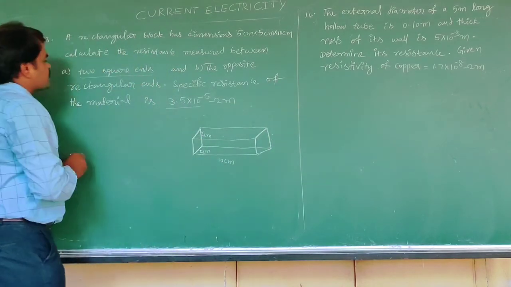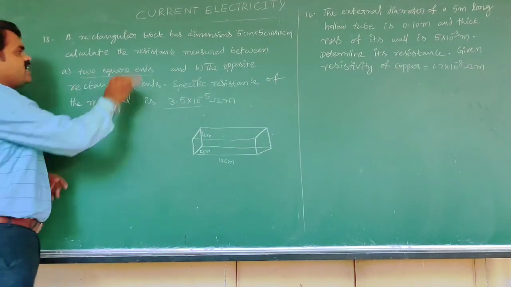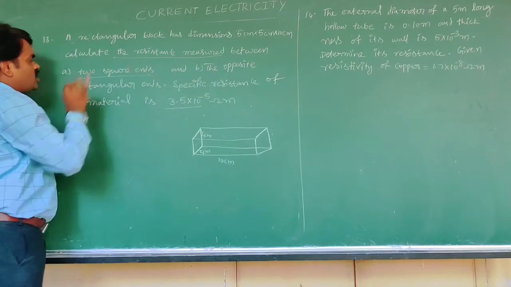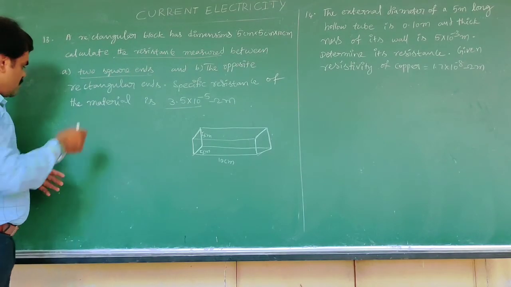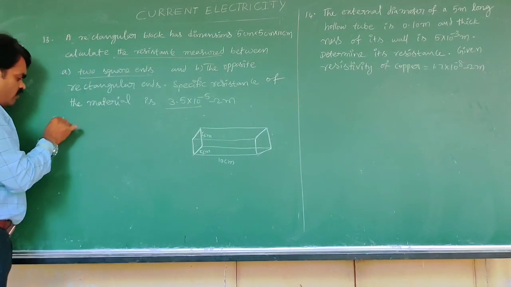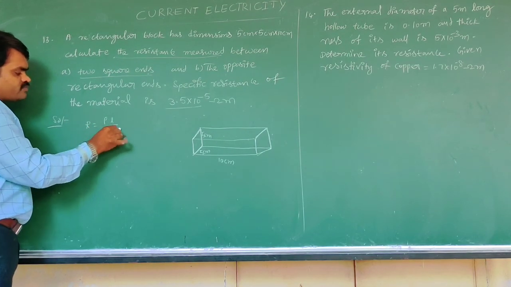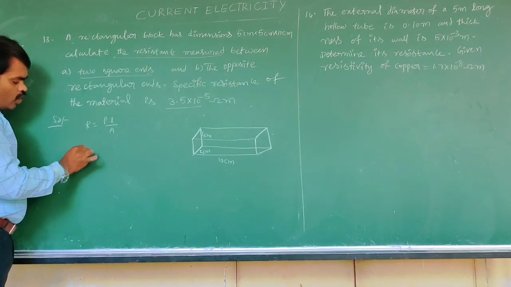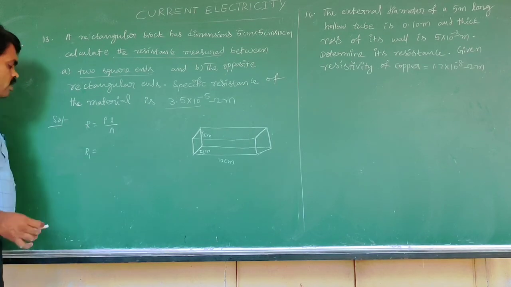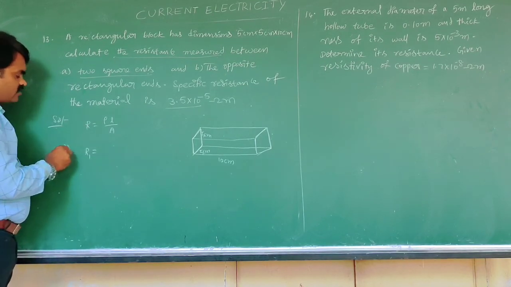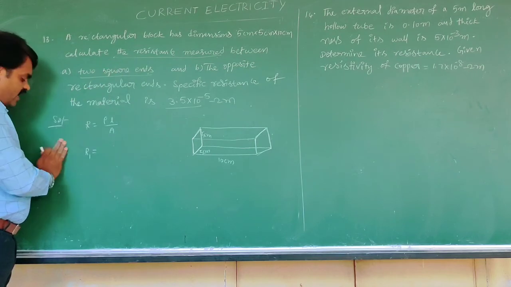Now first one they are asking about the resistance measured at the two square ends. The formula for resistance is R is equal to rho L by A. Now R1 is equal to, this is for the first question, the two square ends.